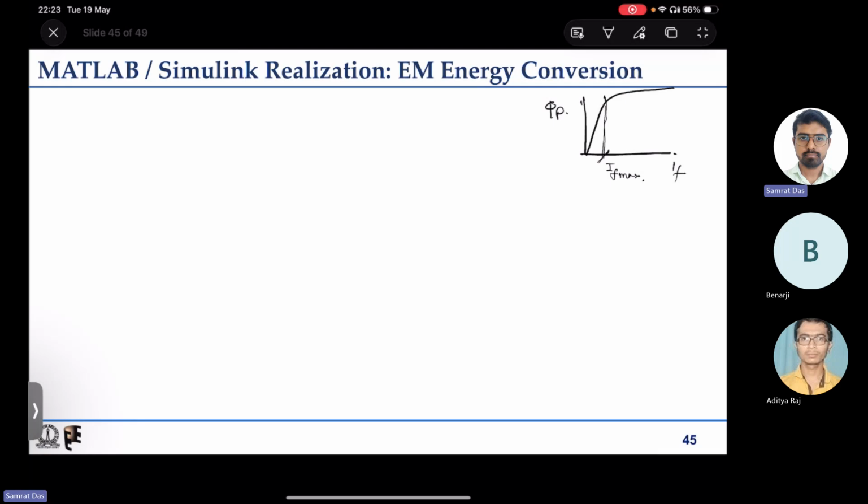So for this zone of current, phi p can simply be termed as a constant, say kf into if, right? In this duration where if is less than if max, where if max is this value of current. So flux per pole and if are related by a constant gain.